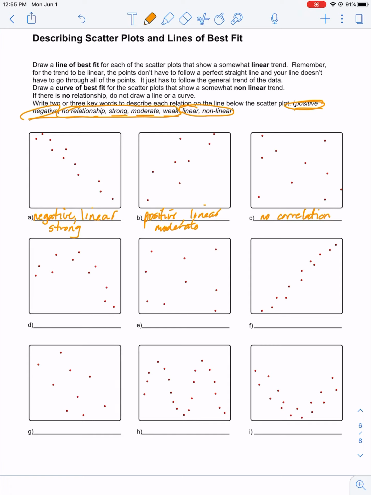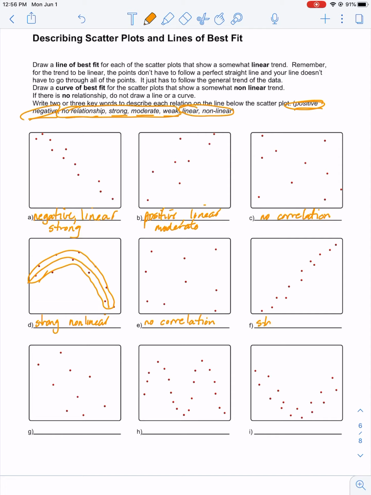This one I'm going to say strong and non-linear, because there's clearly a U-shaped pattern that is very thin. I'm going to say no correlation here.